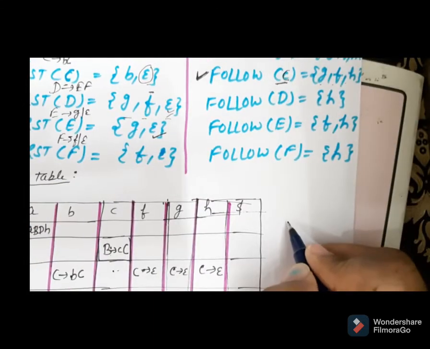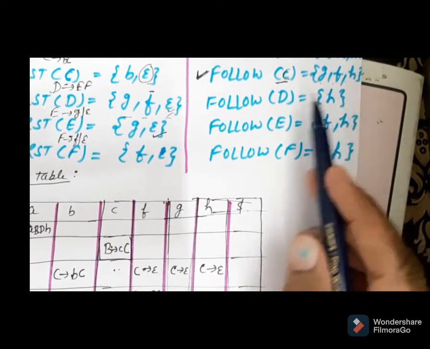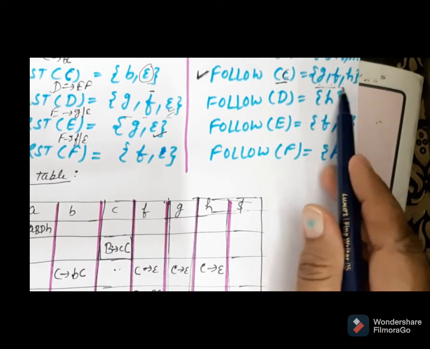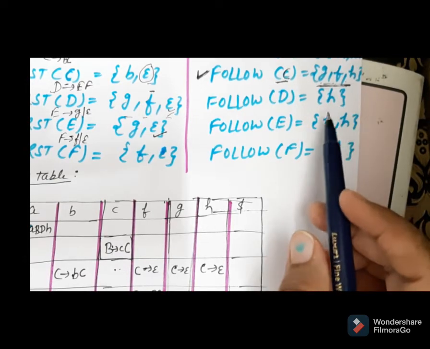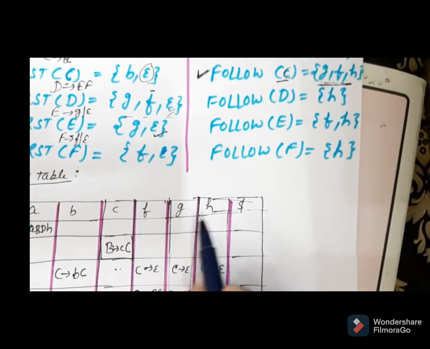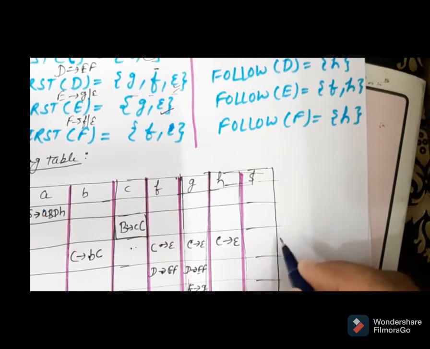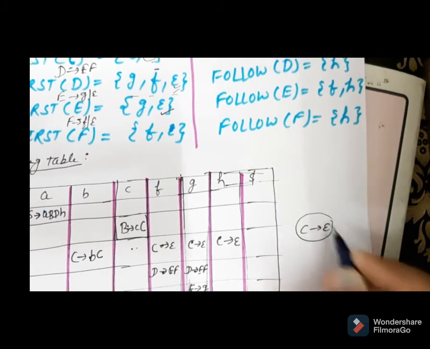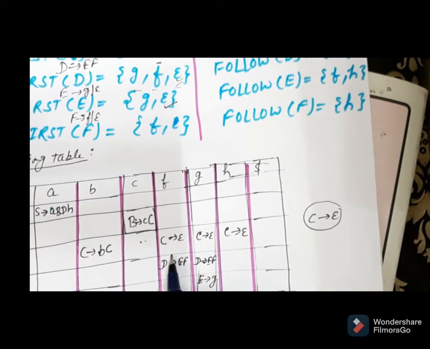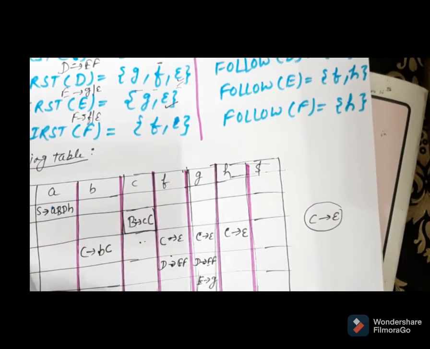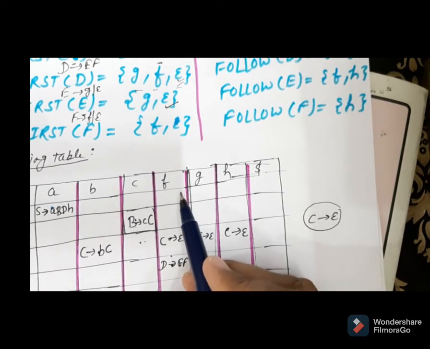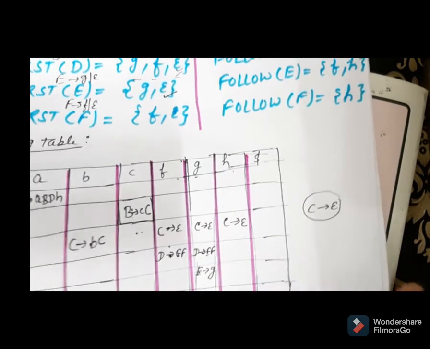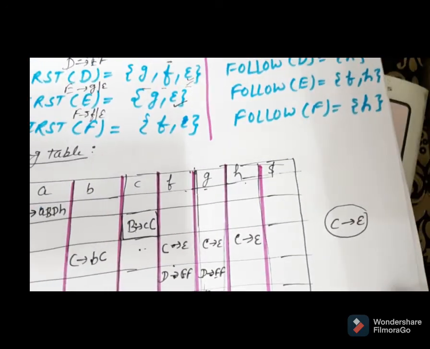I calculated follow of C: G, F and H. So I will use these three terminals, and the production here I use is C tends to epsilon, which I write in the cell against capital C, and the follow symbols are F, G and H. So I write here C tends to epsilon.